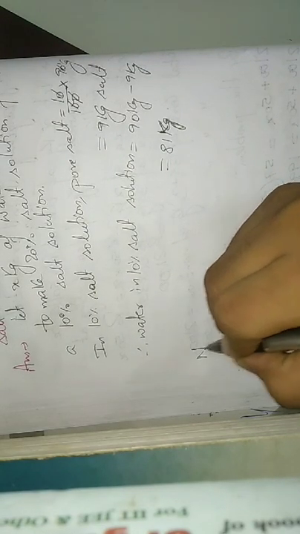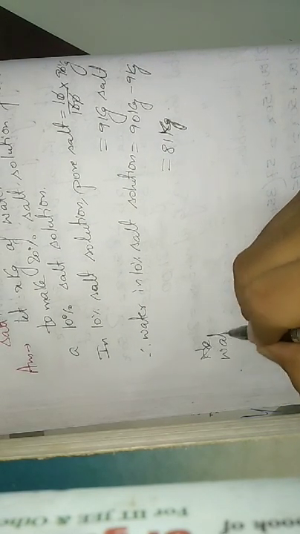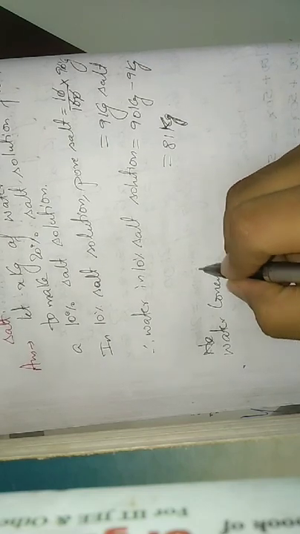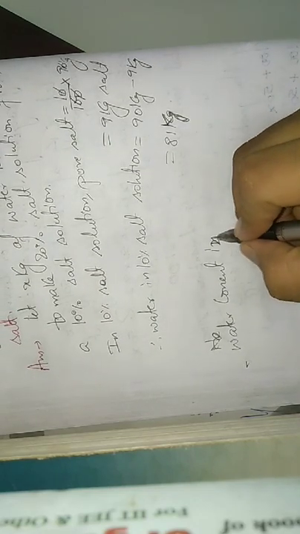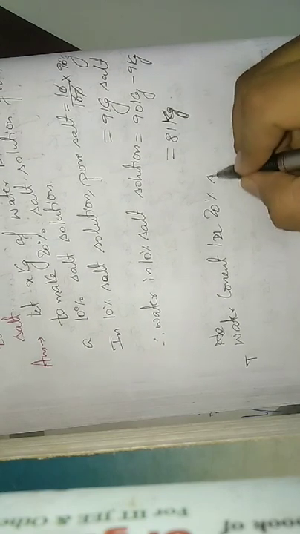Okay, students, so in a 20% salt solution, how much salt should be there? Since x kg of water is evaporated, what is the water content in the 20% salt solution?